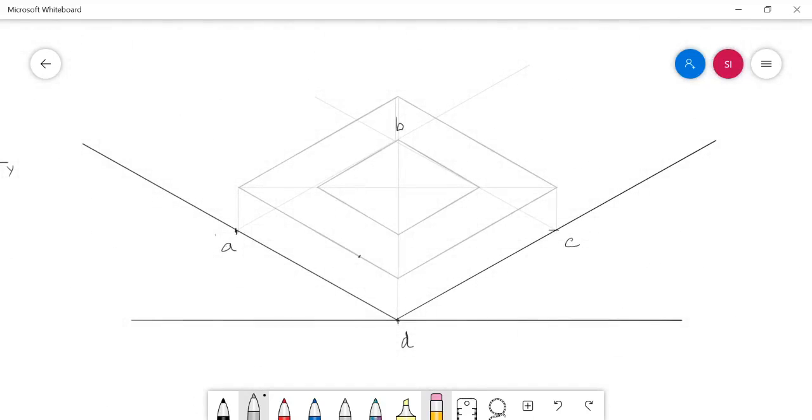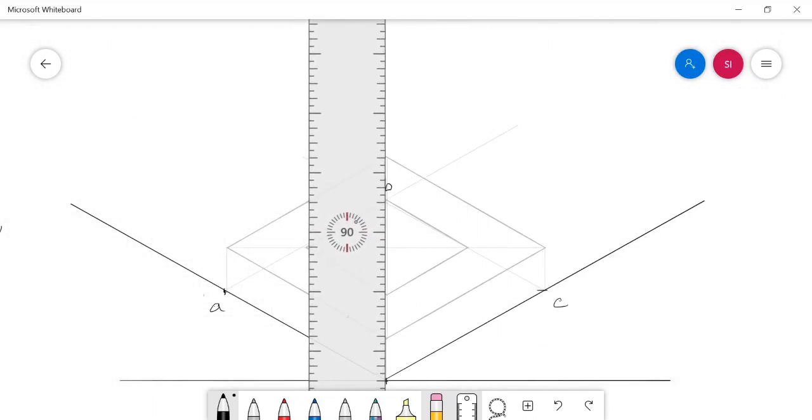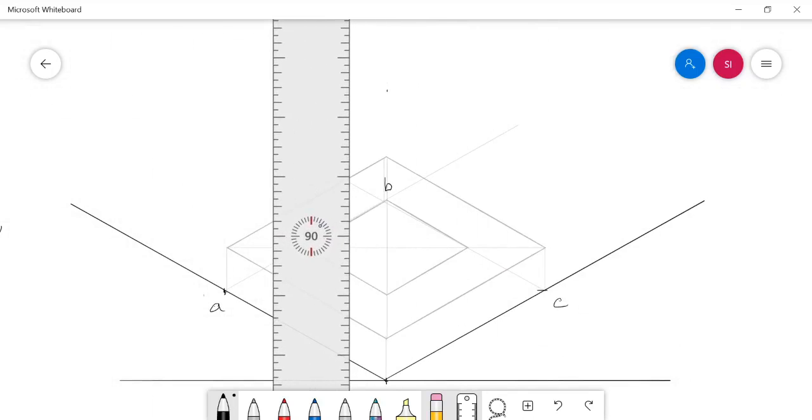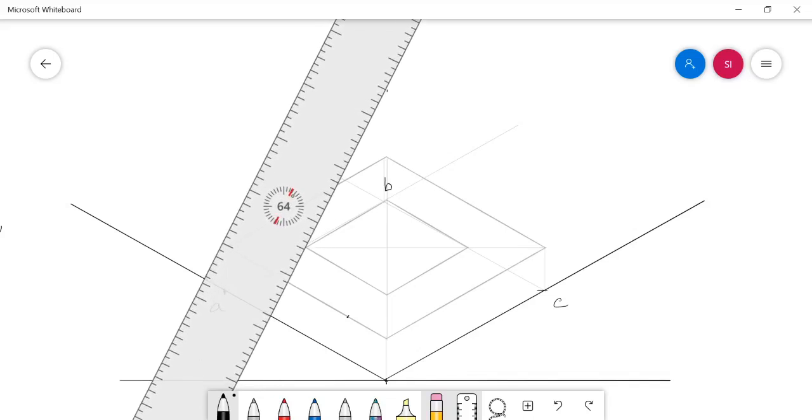The apex point, now it's in the base, and this can be moved up to the height of 55 mm. And we can connect the visible slant edges with the bottom corners of the top solid.